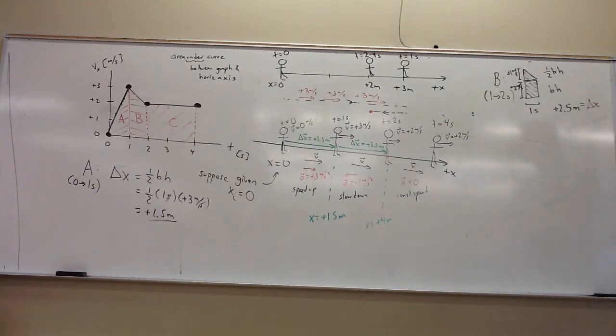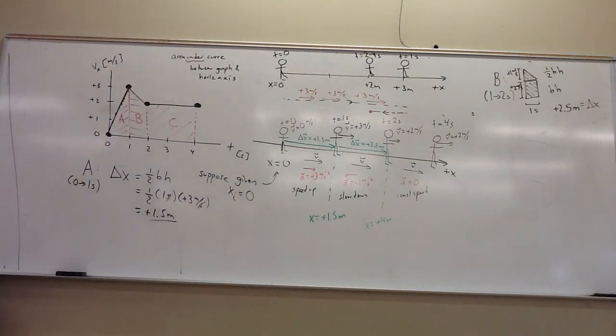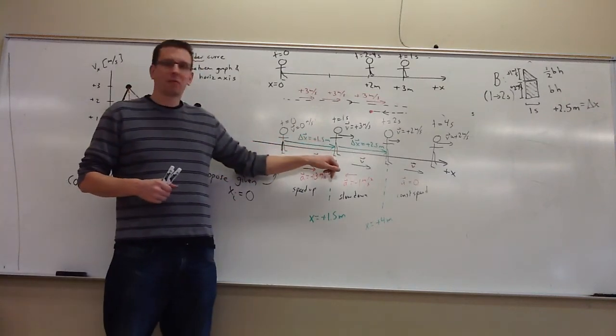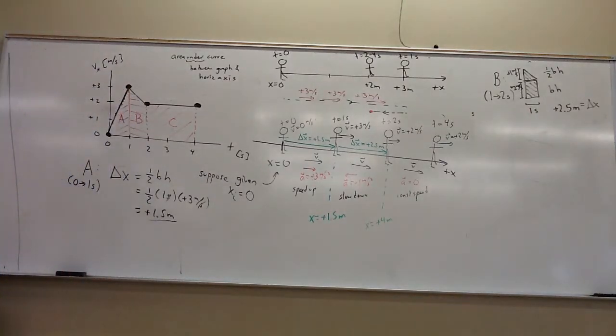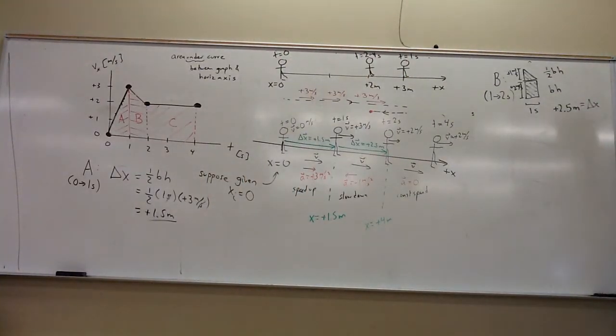And displacement is something you do. But position is something you have to index from a common reference point all the time. So if we start at x equals 0, and we go 1.5 meters to the right, and then we displace 2.5 meters to the right, well, we are not 2.5 meters from the beginning anymore. We're 4 meters away, right? Does that make sense?